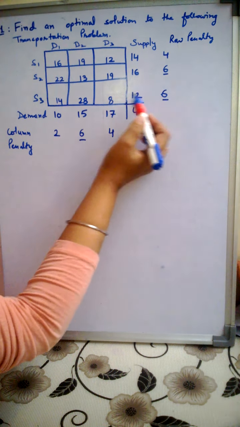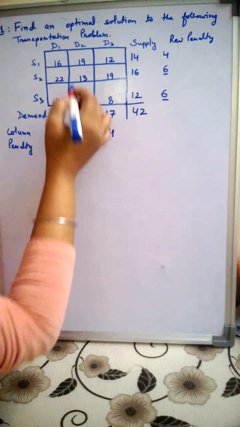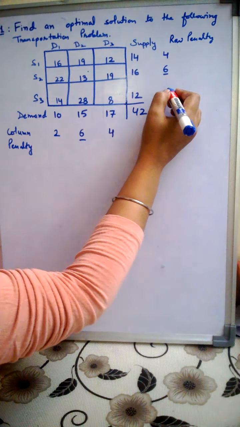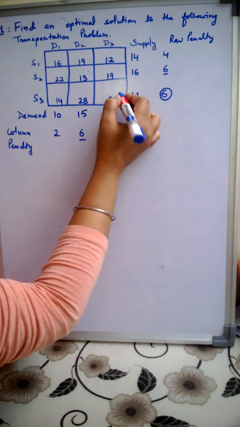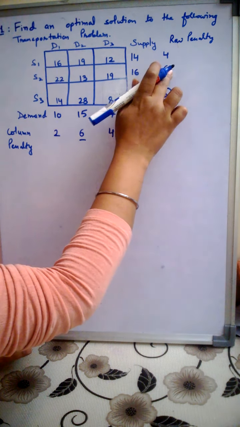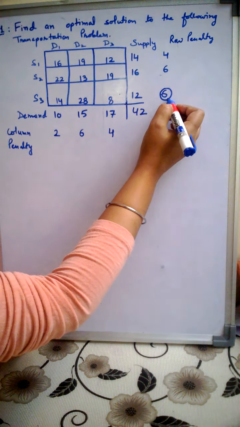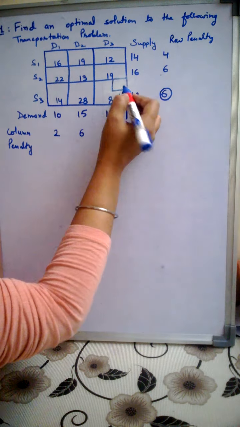Corresponding to the second 6, the minimum cost is 8. And corresponding to the third 6, the minimum cost is 13. So which 6 will we select? We'll select the 6 for the third row because the minimum cost is 8, and we will make the allocation here.